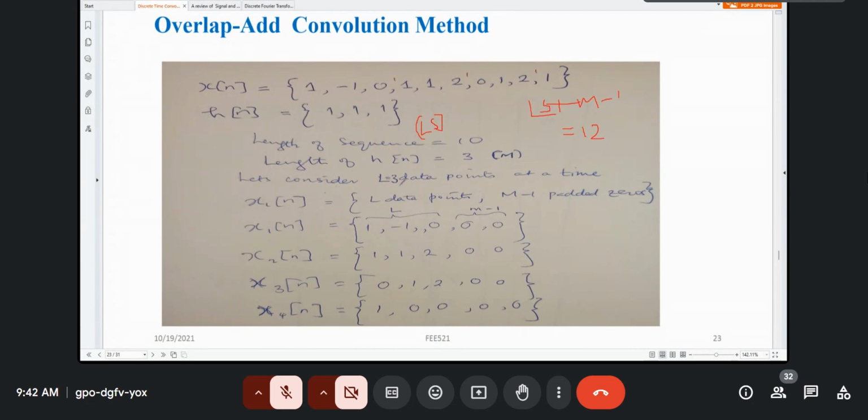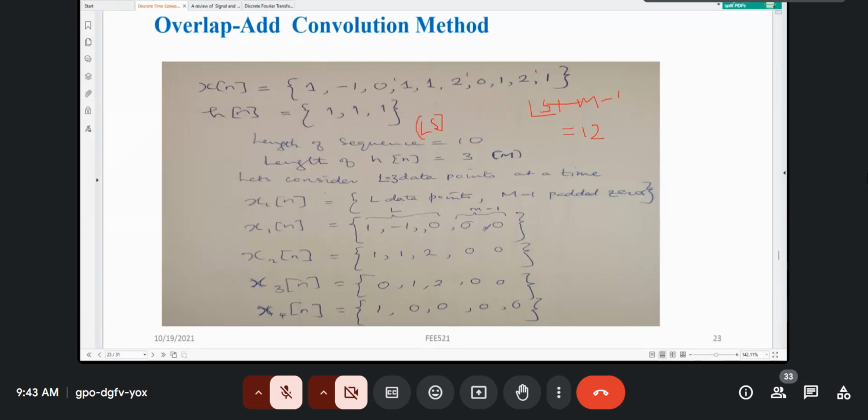So let's consider 3 data points. We agreed that we want the number of data points you take to be at least equal to or longer than the impulse response. And of course, it makes sense because it depends on the N-point DFT you want to use.